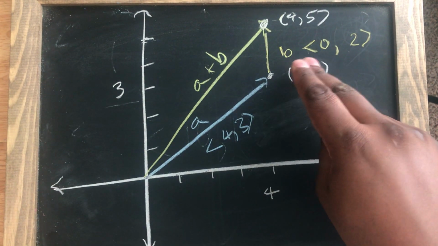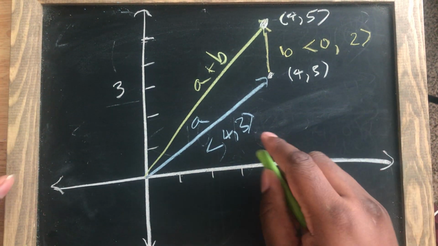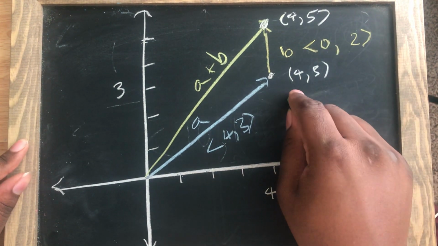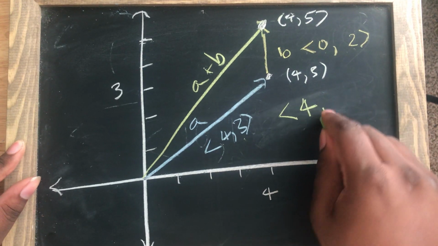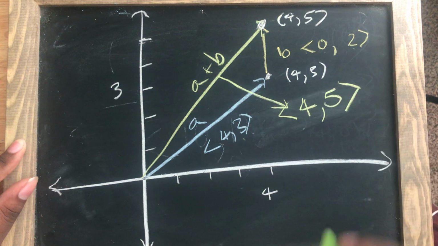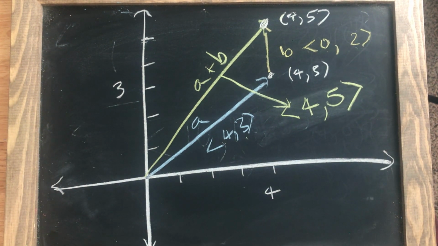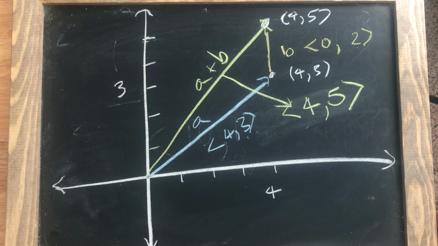Our vector B was (0, 2). So if I add (4, 3) plus (0, 2), 4 plus 0 is 4, and 3 plus 2 is 5. So my A plus B vector has to be (4, 5). All you do is add the components. Literally that simple. Subtraction works the exact same way. Remember, whenever we subtract, we're just multiplying by the scalar -1. That's all you do. It's really not hard at all.